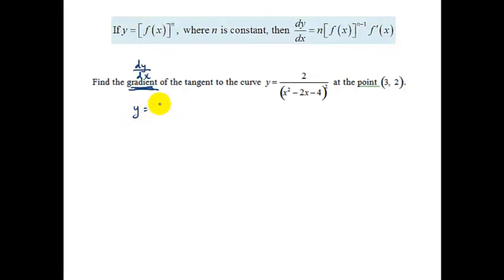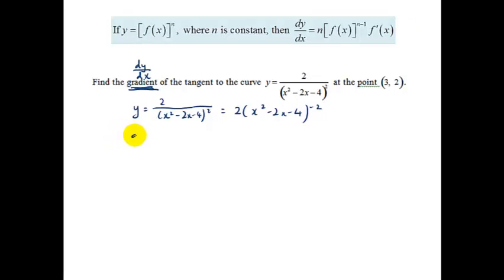This is the equation of the curve. Now I need to first rewrite this a little bit. I need to bring this x term up so that I can use the formula later.